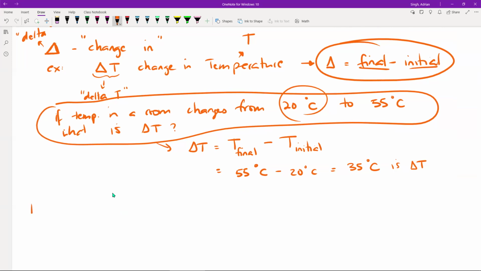So I'm just going to say down here, also, this triangle can mean heat when seen in a chemical reaction or chemical equation.